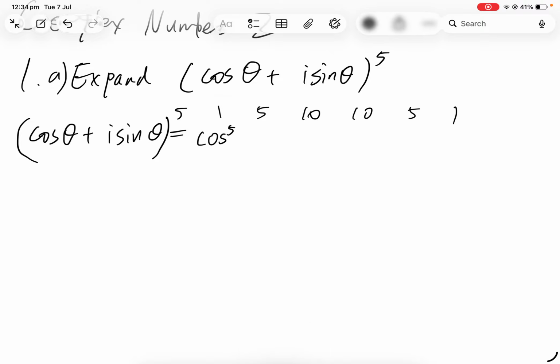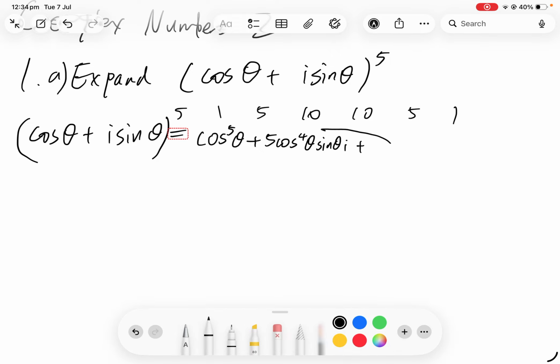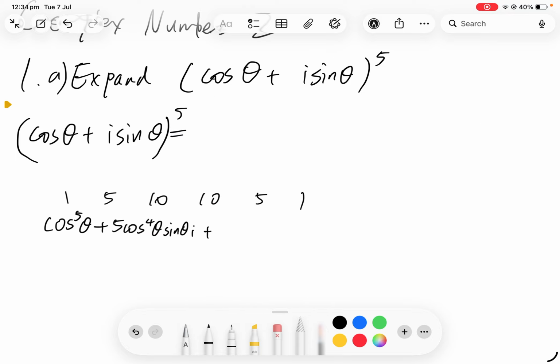cos 5 theta plus 5 cos 4 theta sine theta i plus, I should move this to another line.